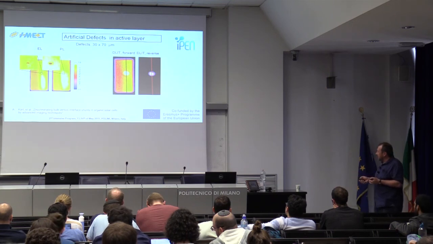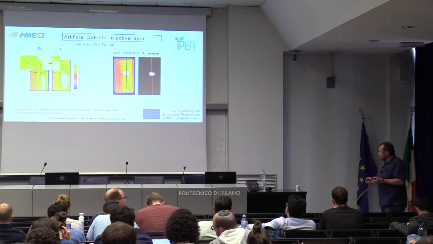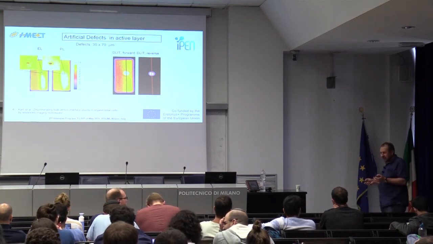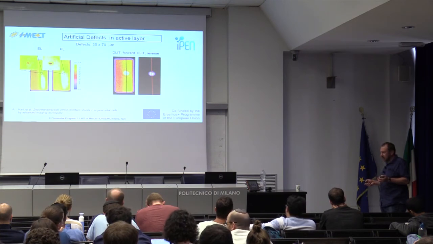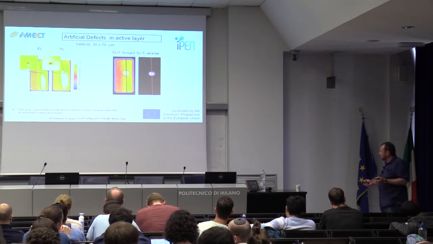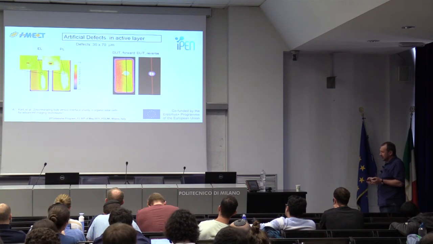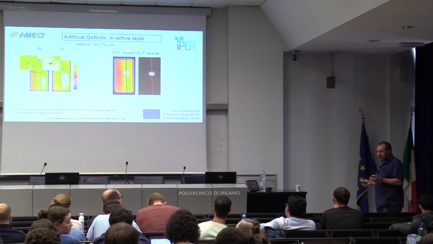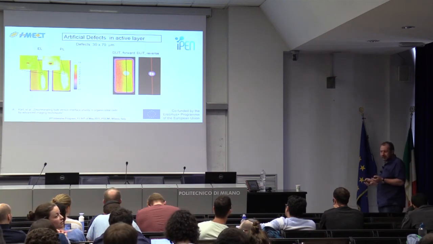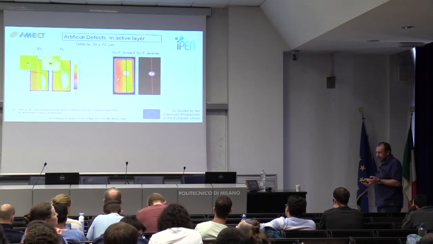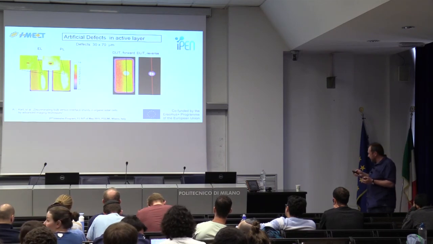So in the case of the active layer, you have to be careful not to damage the electron transport layer below, so it's more critical. And what you see, obviously, is a hole in the photoluminescence and in the electroluminescence. And if you do dark lock-in thermography, you see a hotspot, in that you have a direct contact between electron and hole transport layers and a lot of heat dissipation.